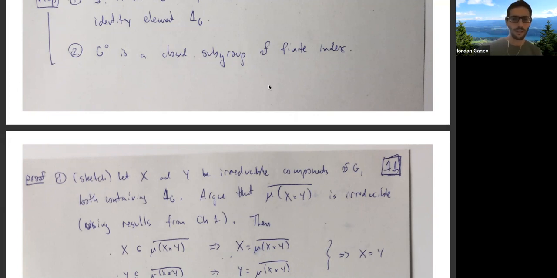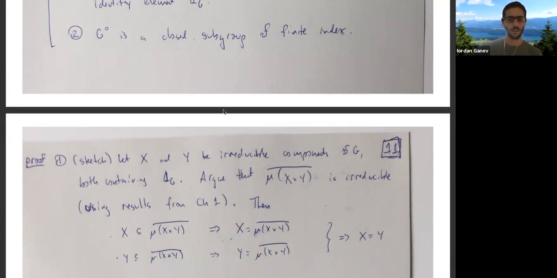But since the identity is contained in Y, we have that X must be contained in this image, in particular in the closure. And since the identity is contained in X, we have that Y must be contained in the image. Because if we have the identity cross Y, that will just map to Y, and little x cross the identity will just be mapped to little x.